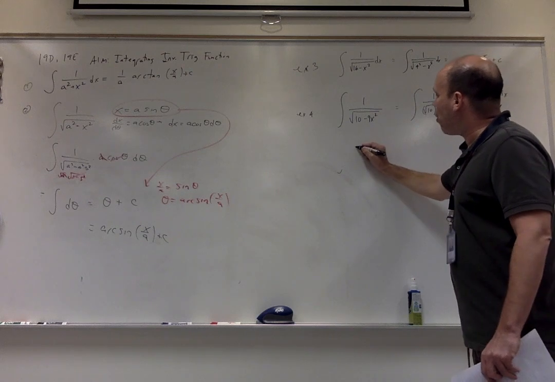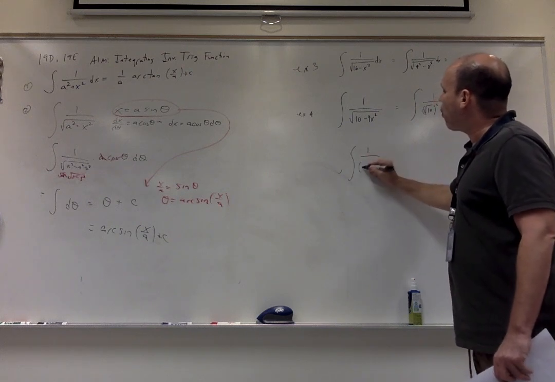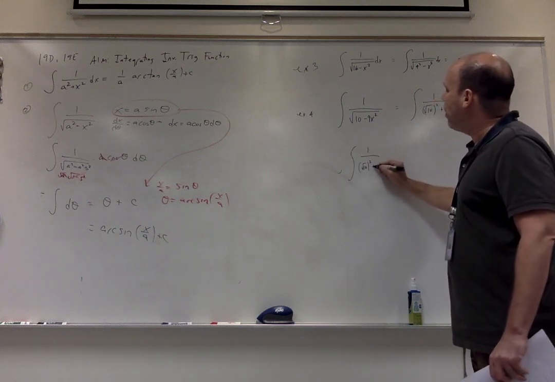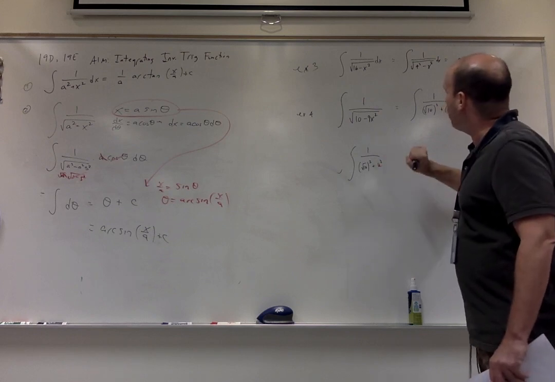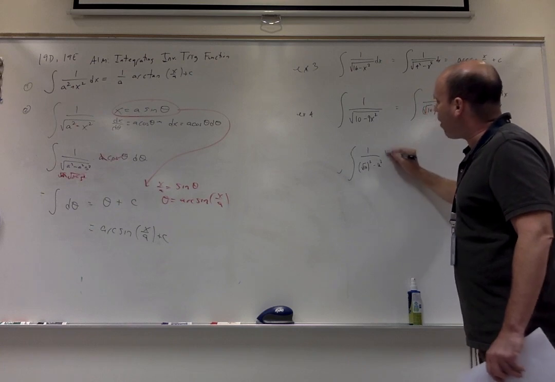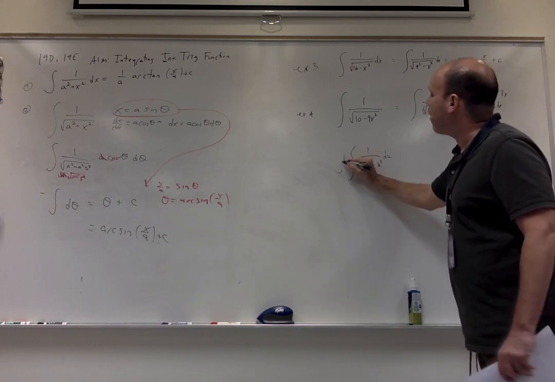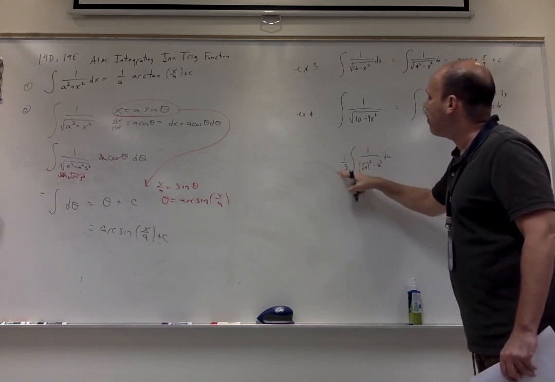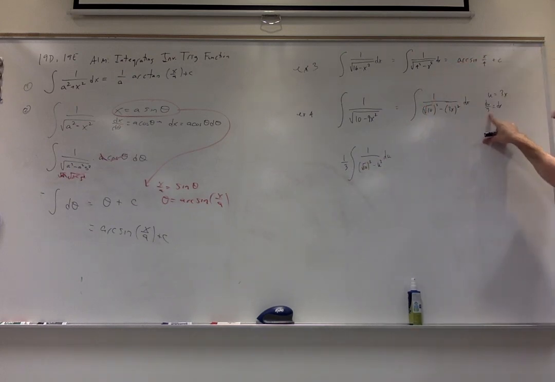So we have the integral of 1 over radical 10 squared minus, I apologize, minus u squared du, and we have the 1/3 on the outside. Remember, the 3 was here.